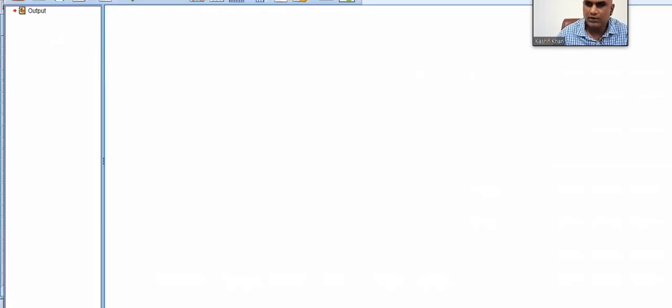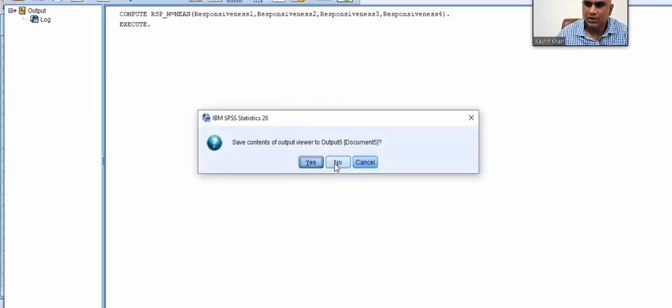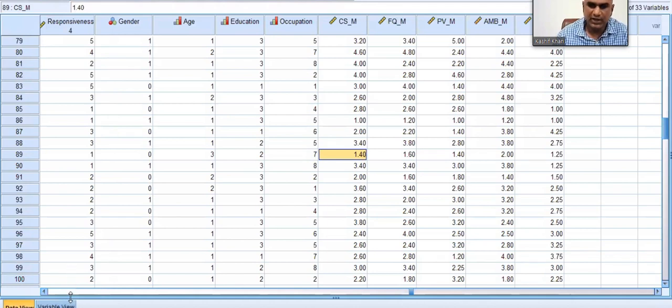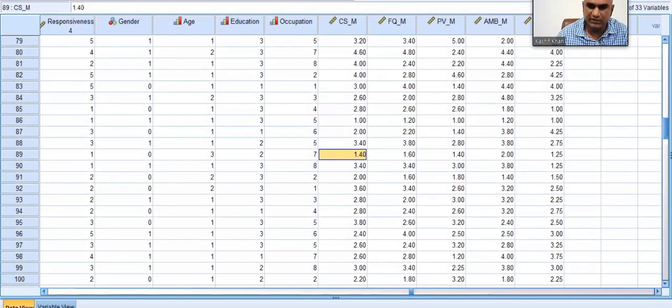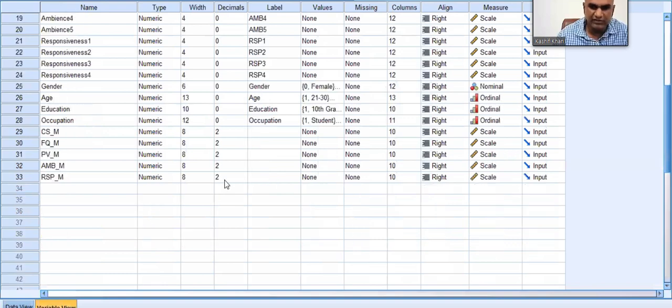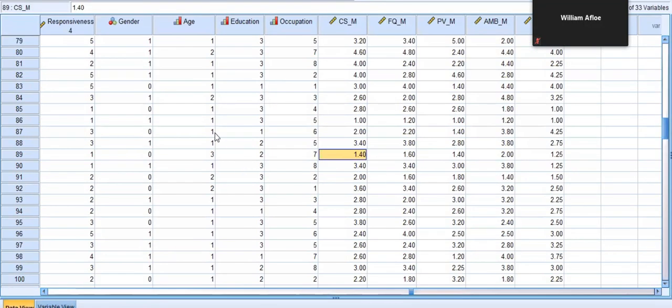Okay, now if you look here, let me save it first. Every time you save it, the data keeps developing. Look here, we have the mean value of everything, and it's already scaled. Okay, we are good to go.